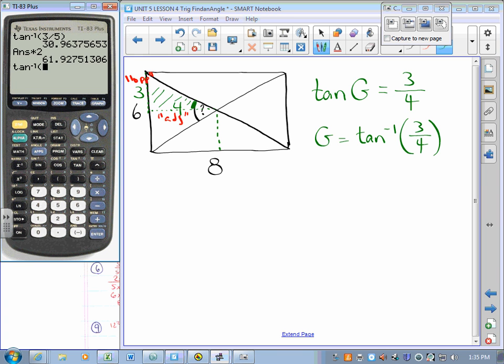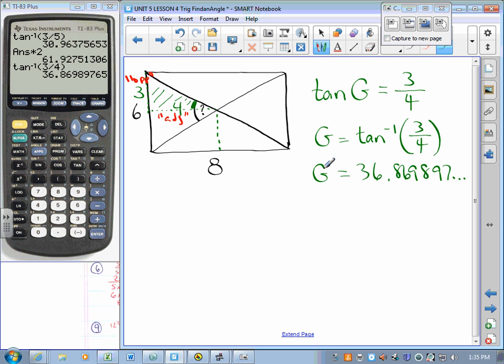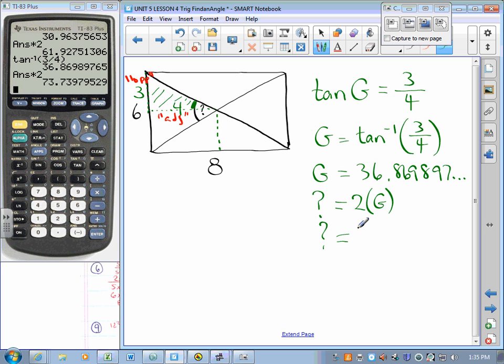And that is 36.869897, blah, blah, blah. So the question mark angle is twice that. So question mark is, let's go nearest tenth just for sport, 73.7 degrees.